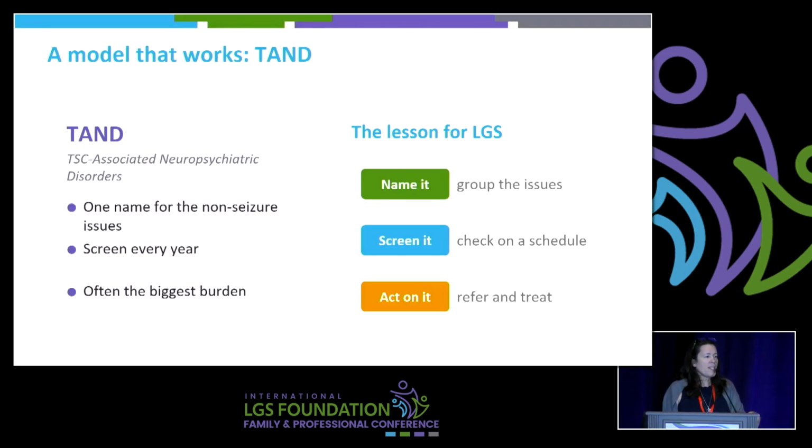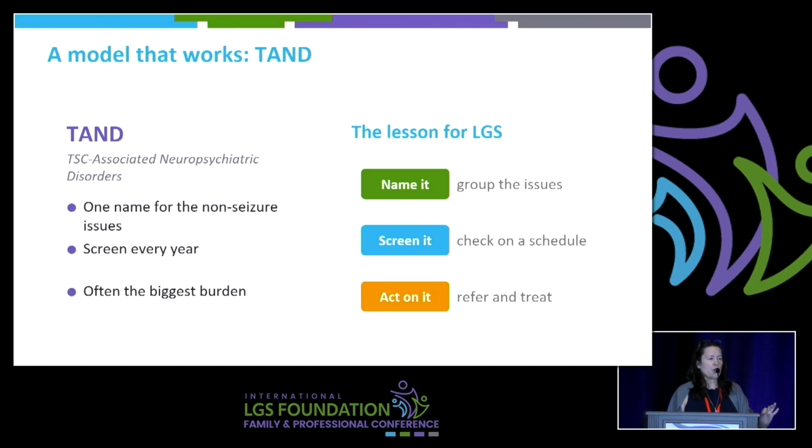There's already a group that has really pioneered this, one of my favorite groups, the TS Alliance, Tuberous Sclerosis, and they have something called TAND, TSC-associated neuropsychiatric disorders specifically. We're a bit more general, looking beyond that. What they have learned from pioneering this effort is that you have to name it, you have to screen for it, and you have to act on it.